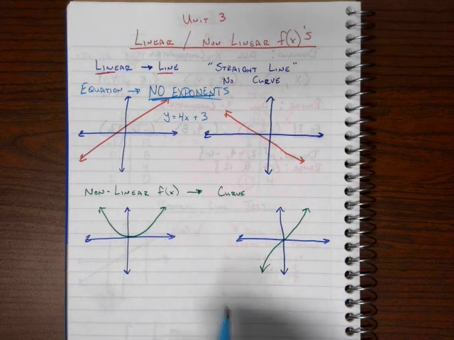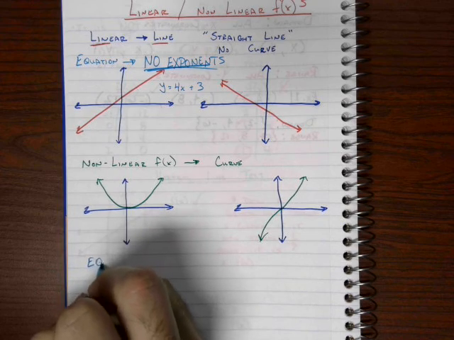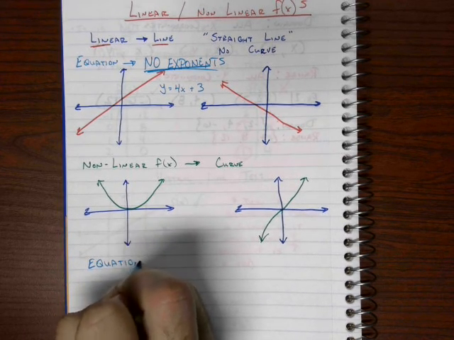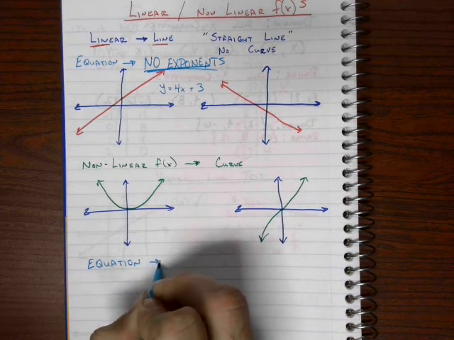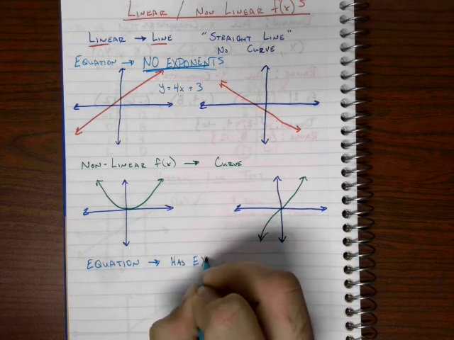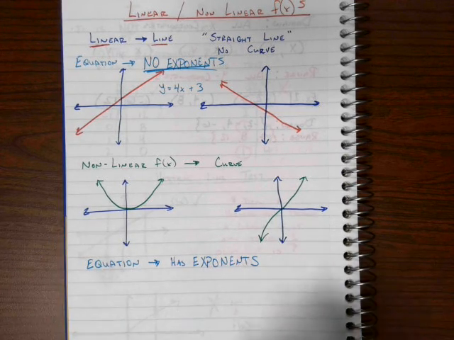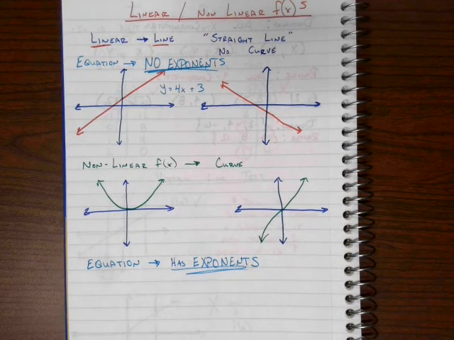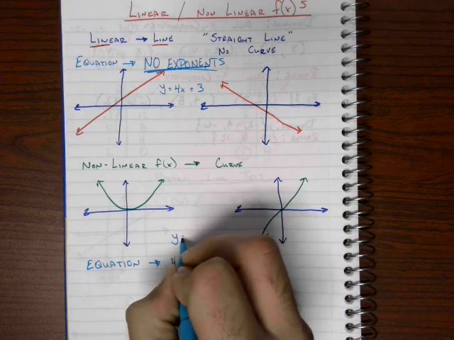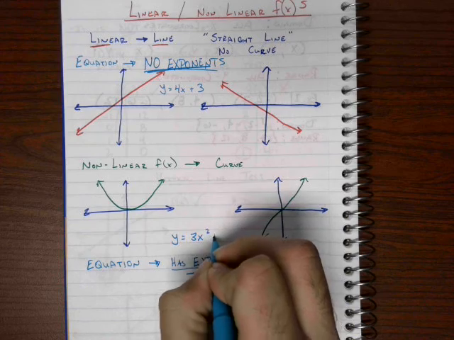An example of a nonlinear equation. What do you think this has? This has exponents. So an example would be y equals, I don't know, 3x squared plus 7.